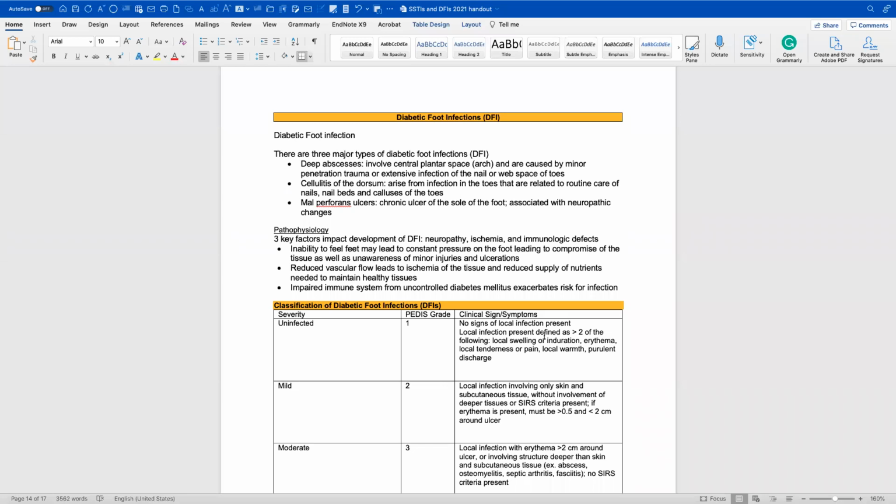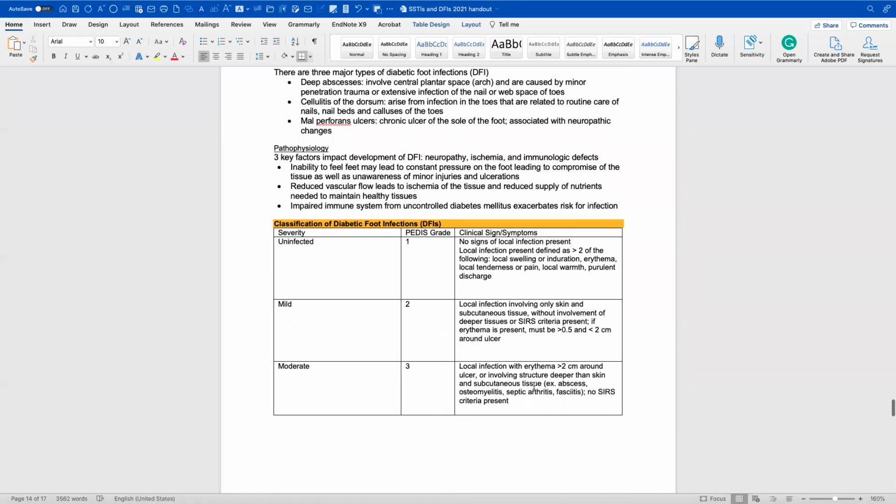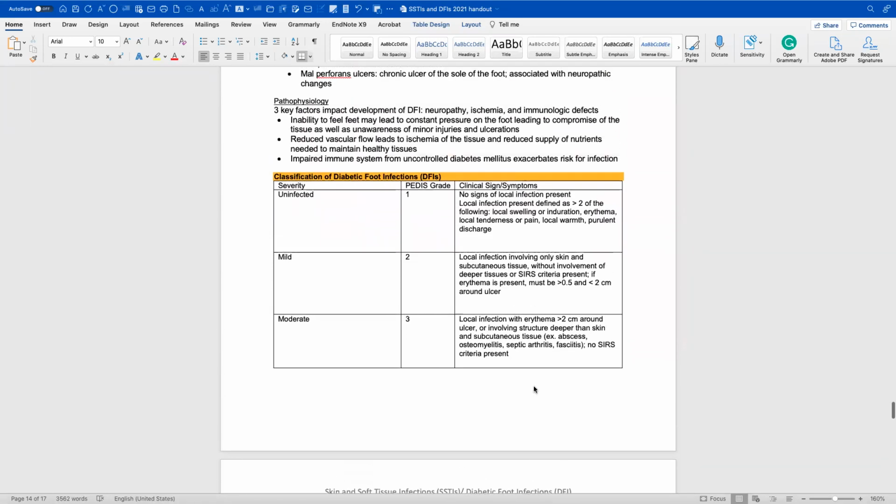And then also you can have an impaired immune system from uncontrolled diabetes, which once again increases that risk for infection. So it's really 3 factors that contribute: neuropathy, ischemia, then immunological defects from having that impaired immune system with diabetes. You know that diabetes is immunocompromising.